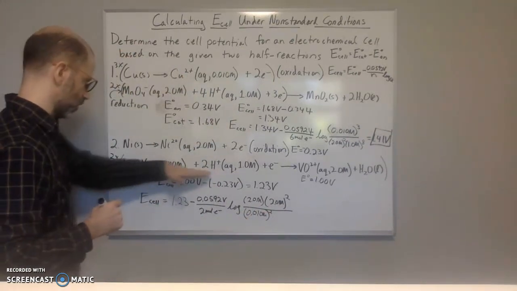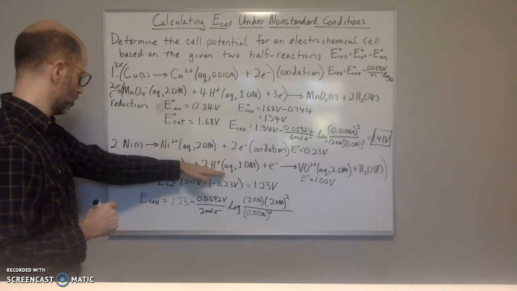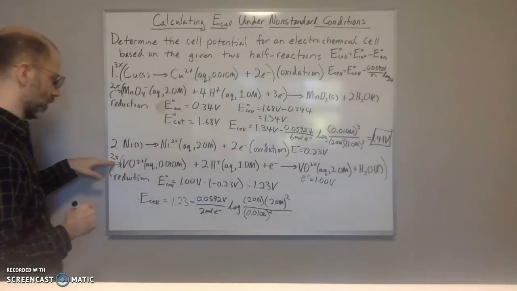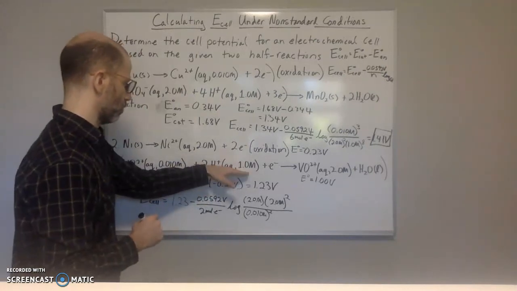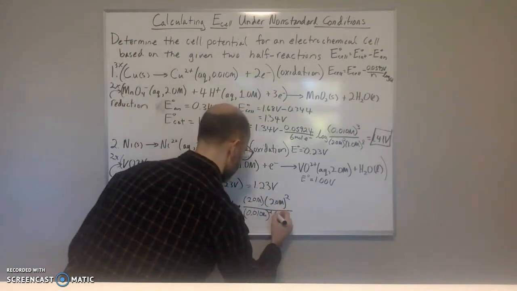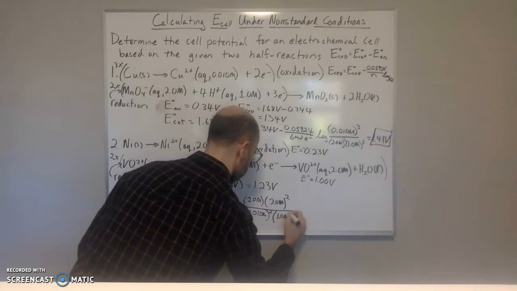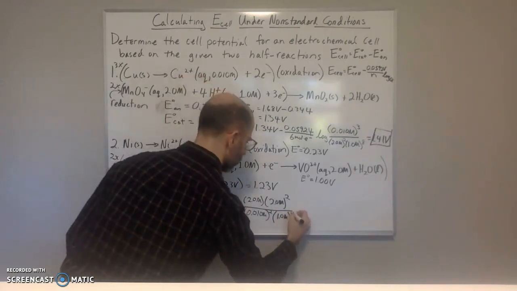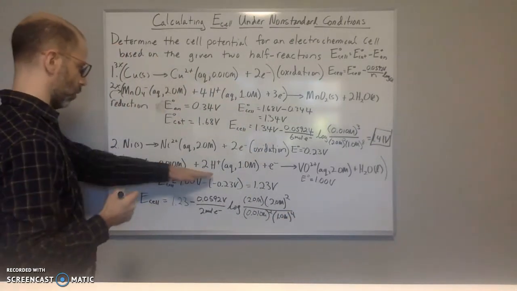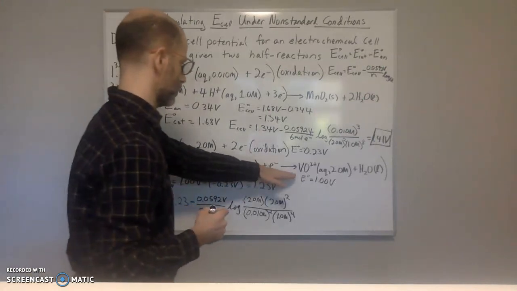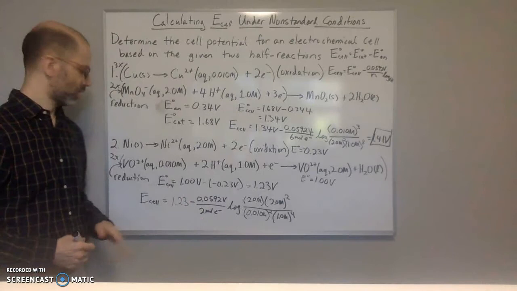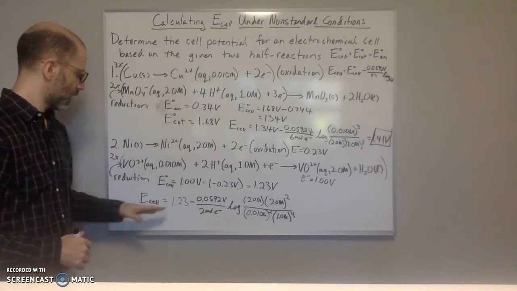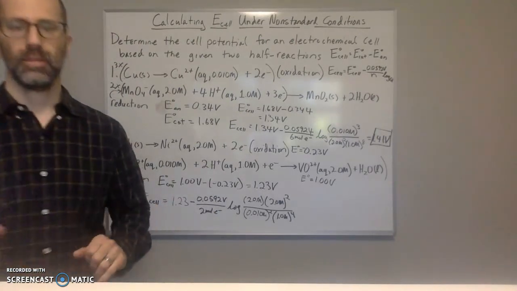And is there any other? So here we have 2 moles, but we're going to be multiplying that by 2, so that coefficient is going to be 4. Here we have 1.0 molar concentration, so that's going to be 1.0 molar concentration to the 4th power, and that is it. So here's our equation. So all we need to do is calculate.